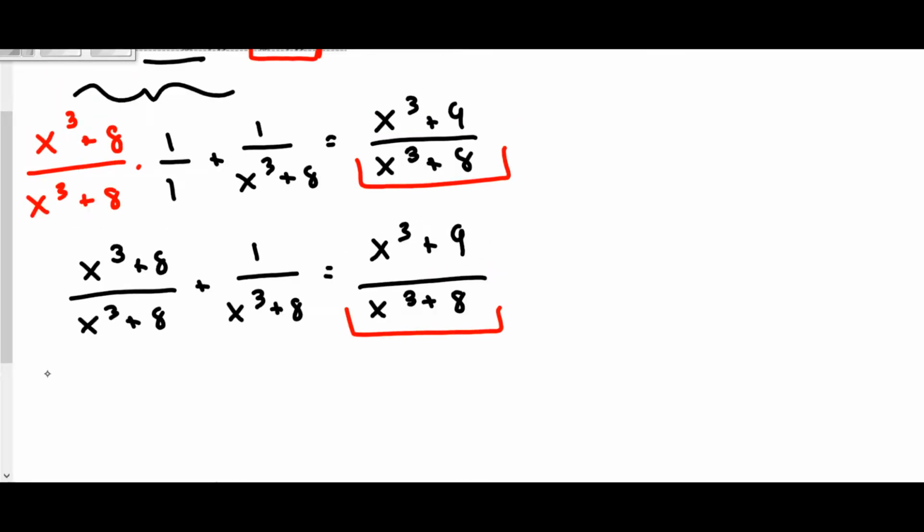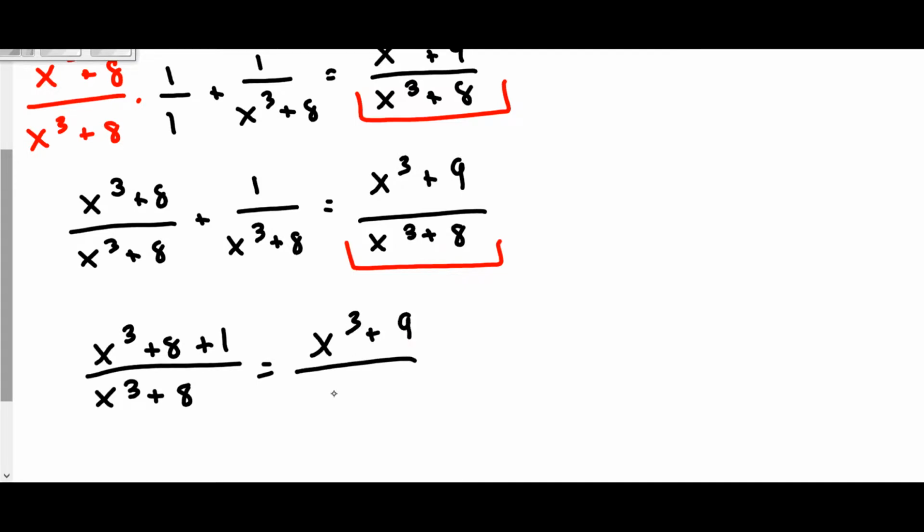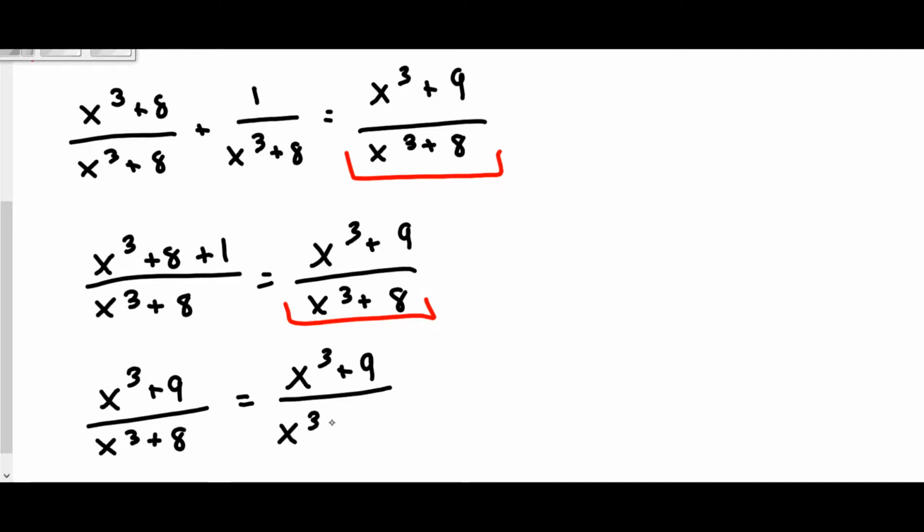So, x cubed plus 8 plus 1 over x cubed plus 8 equals x cubed plus 9 over x cubed plus 8. And we get x cubed plus 9 over x cubed plus 8 equals x cubed plus 9 over x cubed plus 8, which is what we wanted to happen.